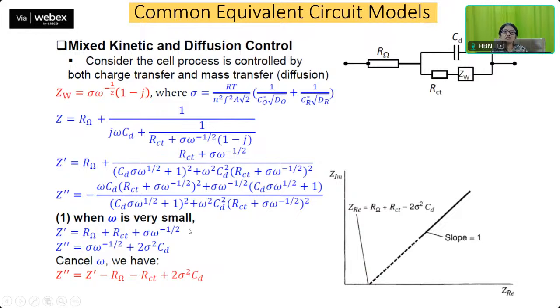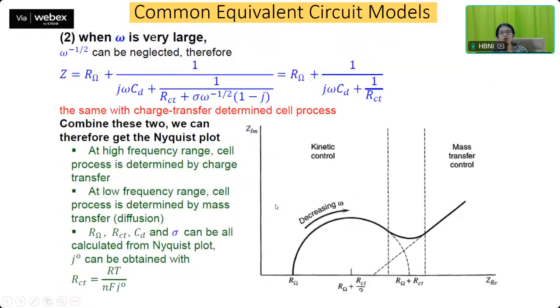One, when your frequency is very small. In that case, the plot of Z prime versus Z double prime is nothing but the equation of a straight line, and this is how it is going to look. Whereas when your omega value or frequency is very high, this particular plot looks exactly like the charge transfer plot. So in all, what does it mean?